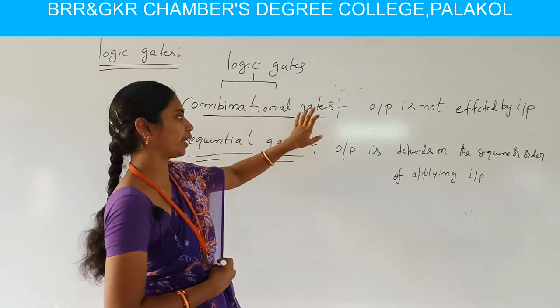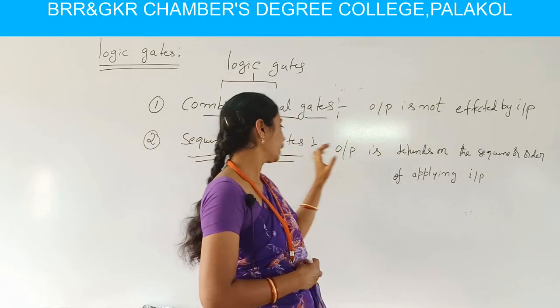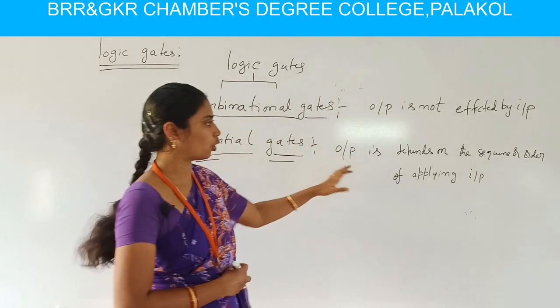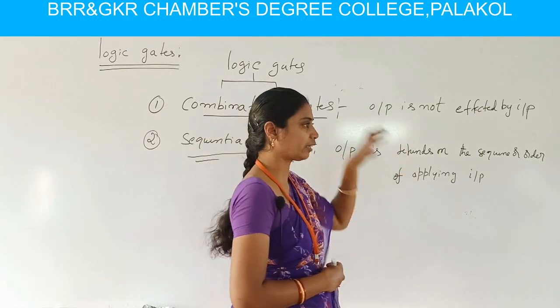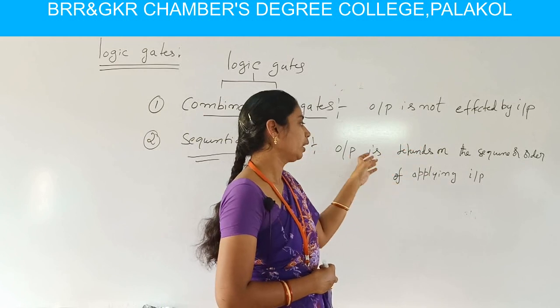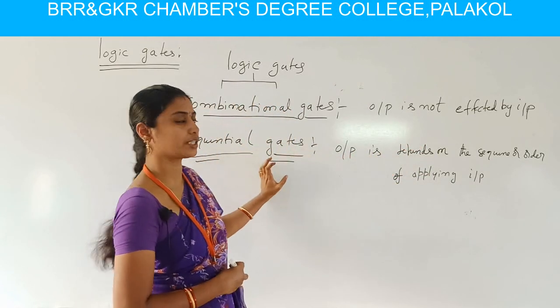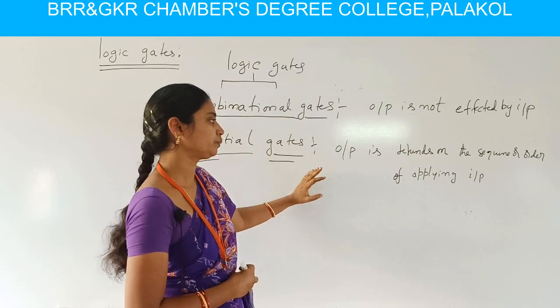In combinational gates the output is not affected by the order of input, but in sequential gates the output depends on the sequence, order and number of inputs applied. Hence these gates are said to be sequential gates.